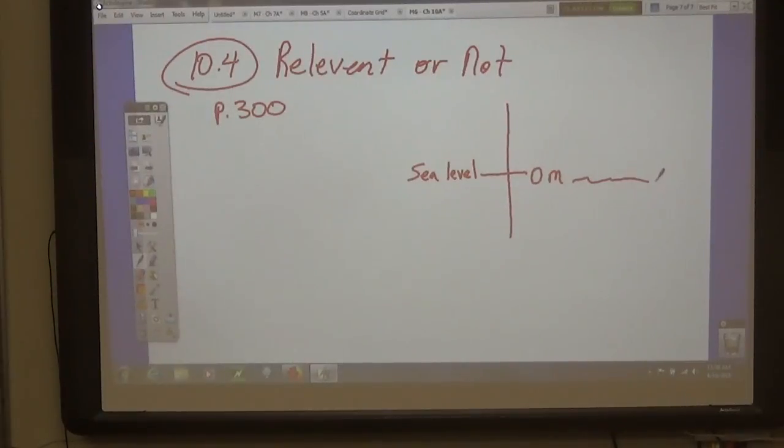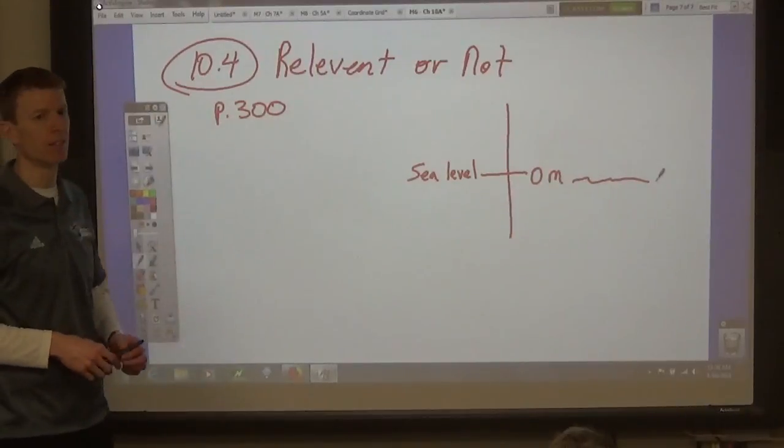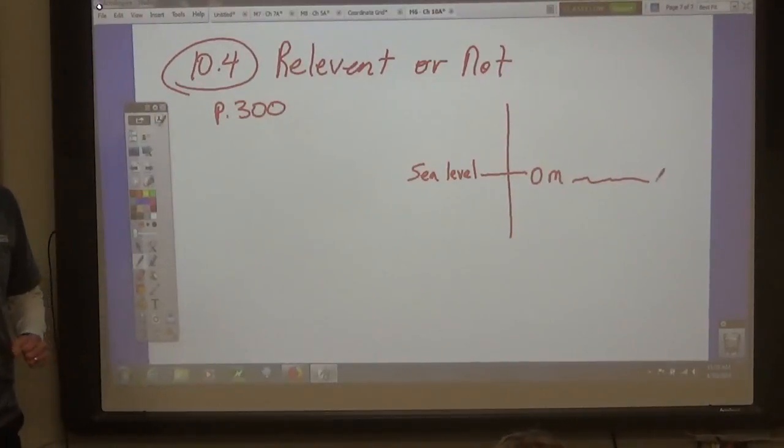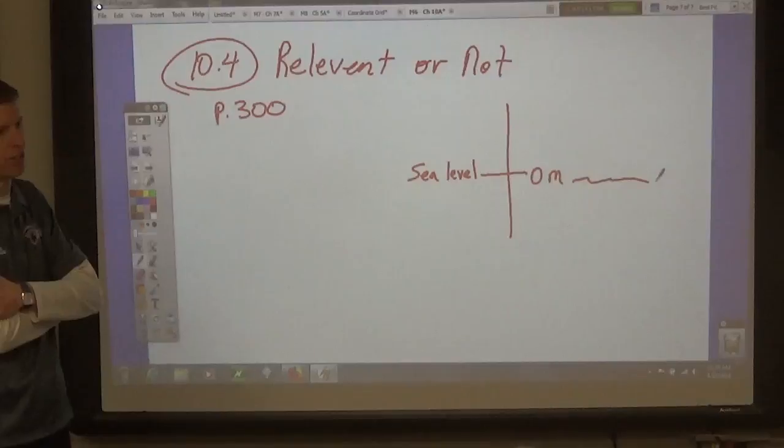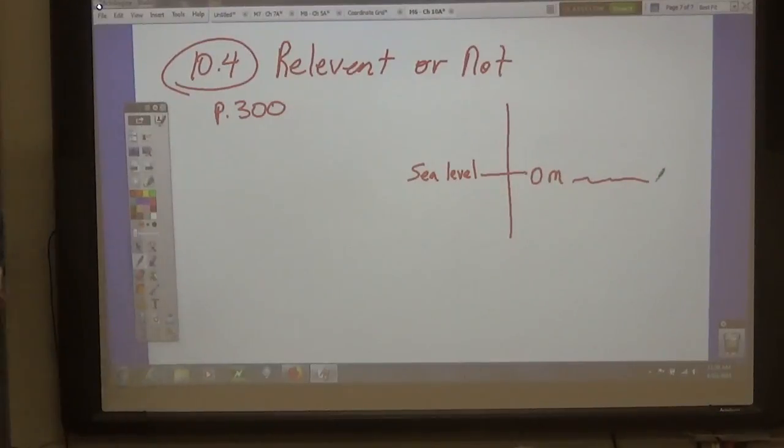The height of Mount Everest is 8,850,000 kilometers. How much greater is the height of Mount Kamet than the height of Mount Blanc? First of all, which information is irrelevant in this question? Jack? The height of Mount Everest. Yeah, the height of Mount Everest is not relevant to answering the question. So we can ignore that.